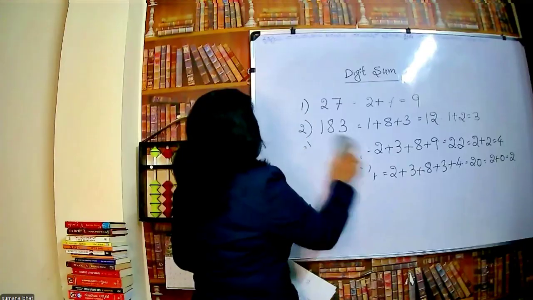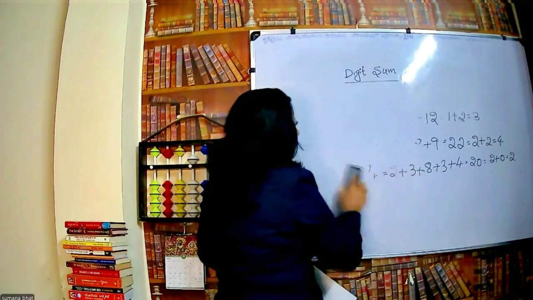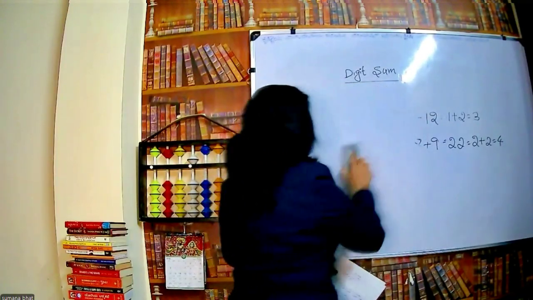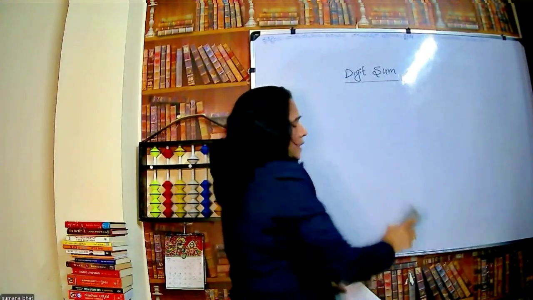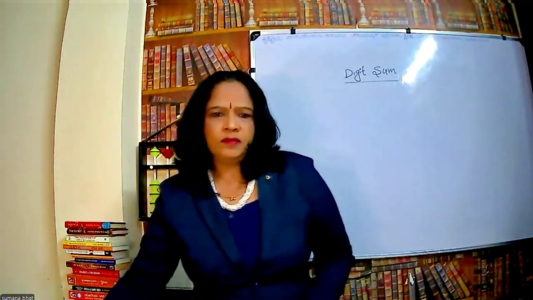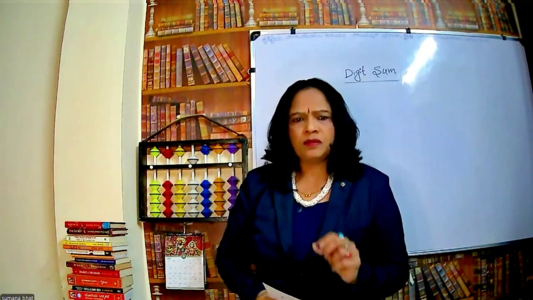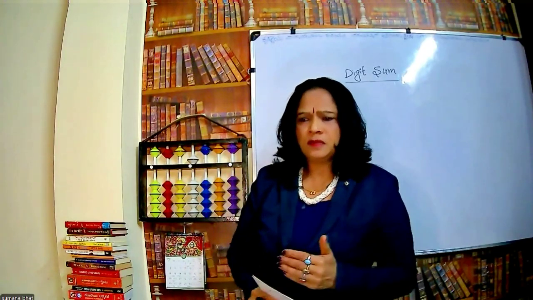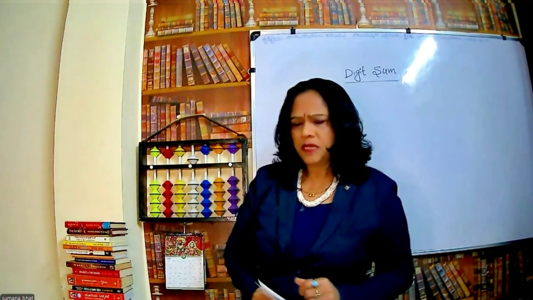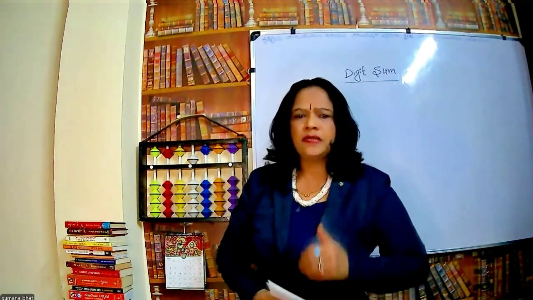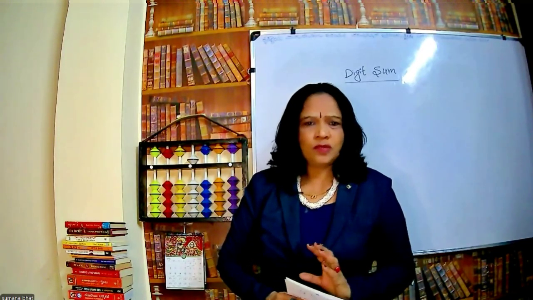Then for what reason can it be used, that we learn. Digit sum will be used for the verification of addition, subtraction and multiplication. Once children are doing the sums, maybe addition or subtraction or multiplication, if we say check it once again whether it is correct or not, that is a boring job for kids.